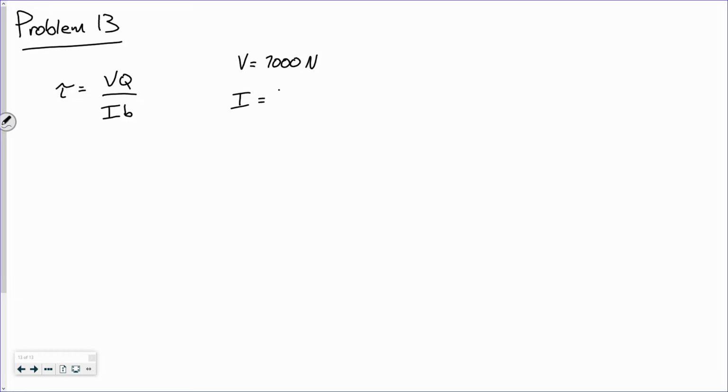I is BH cubed for a rectangle over 12, which is 4 centimeters times 6 centimeters cubed over 12, which I'll go ahead and be nice and say comes out to be 72. You're welcome. Now the width of that beam is 4 centimeters.